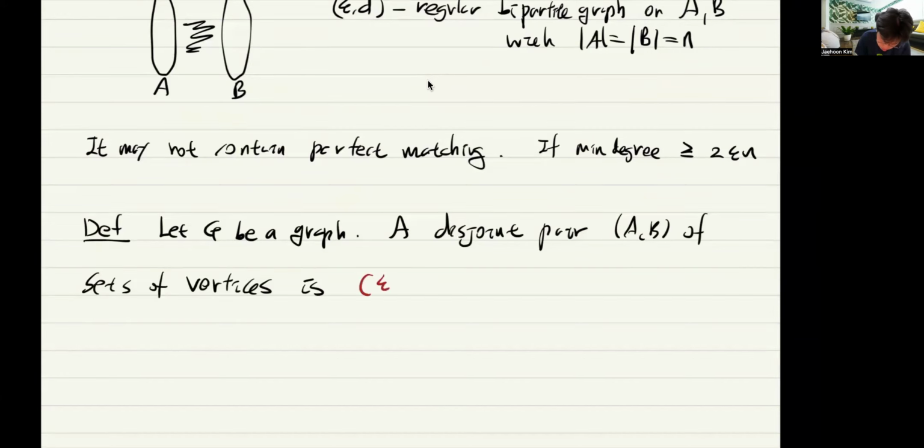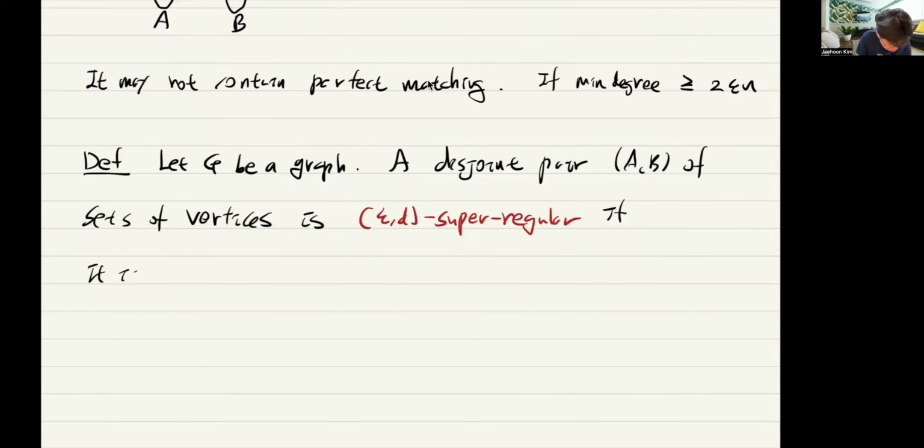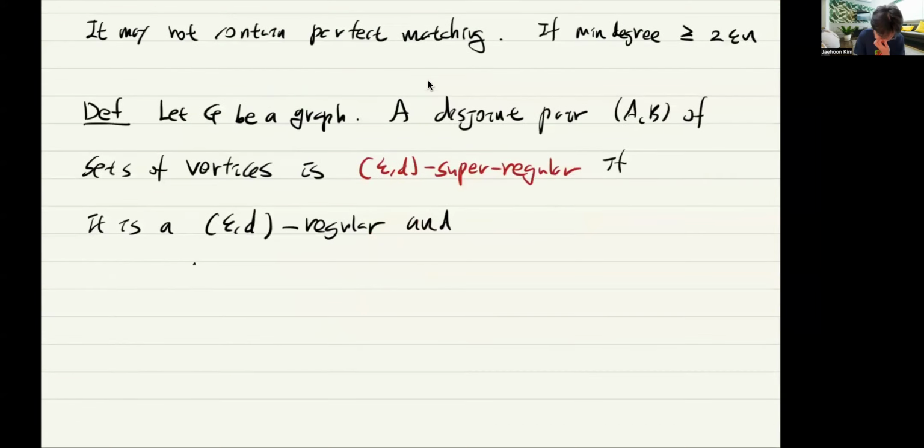We call this epsilon-d superregular if it is epsilon-d regular, and each vertex has enough neighbors on the other part.